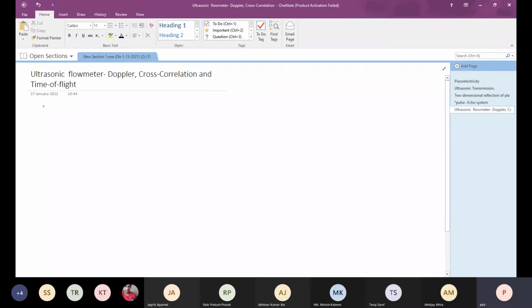So first, we shall discuss the ultrasound Doppler flow meter.